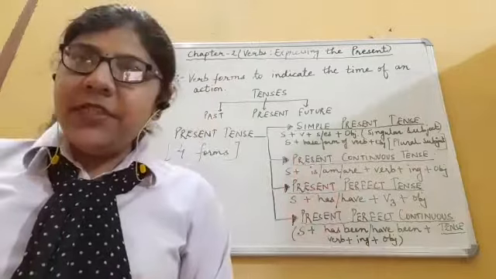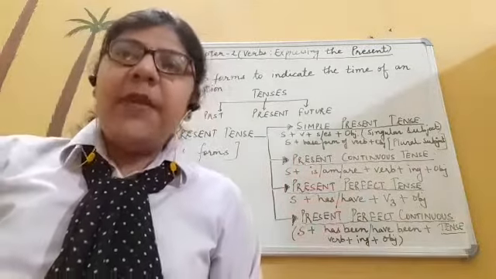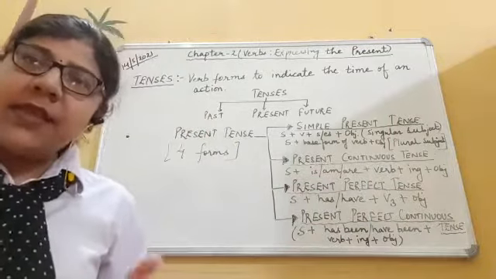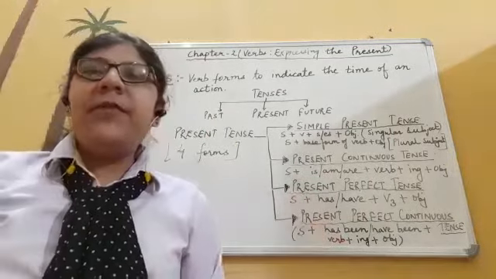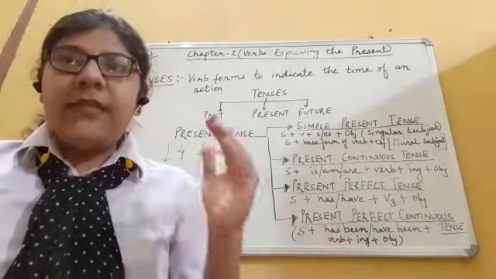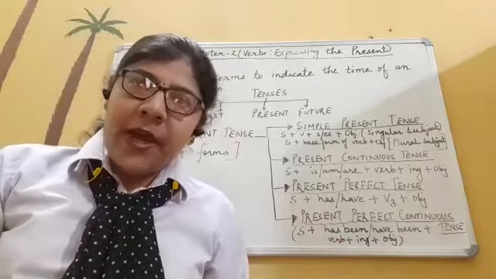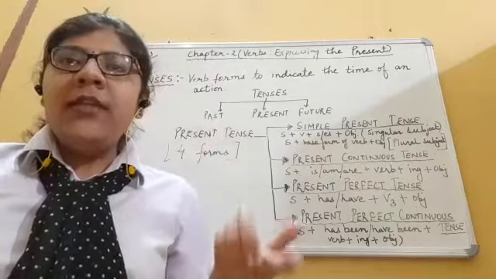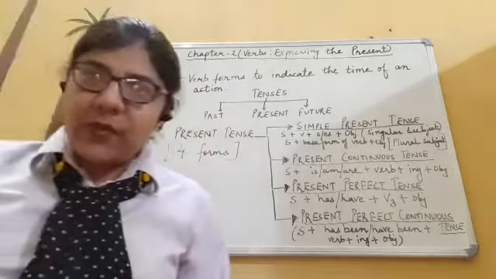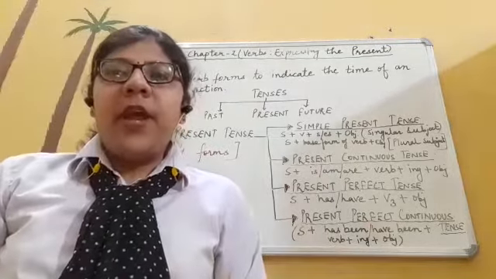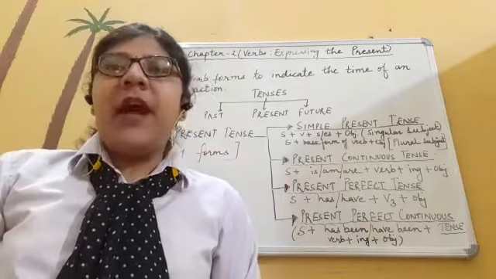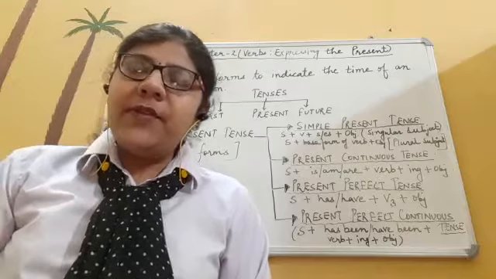The formula is subject plus has or have plus the third form of the verb or the past participle form of the verb plus object. And the last, present perfect continuous: the actions which started in the past, are in progress at the time of speaking also, and may continue in the future also. The formula is subject plus has been or have been plus ing form of the verb plus object.